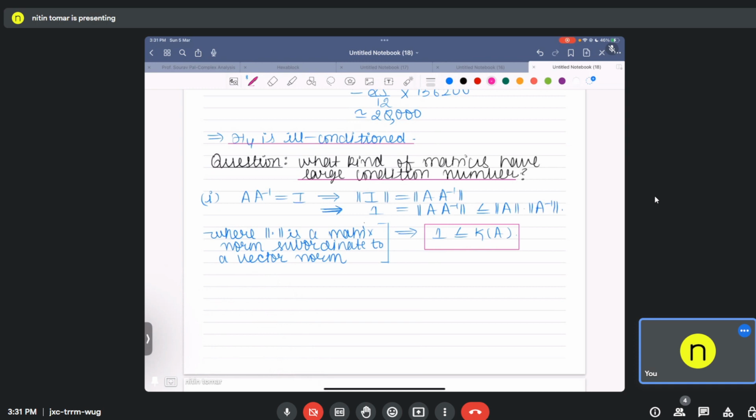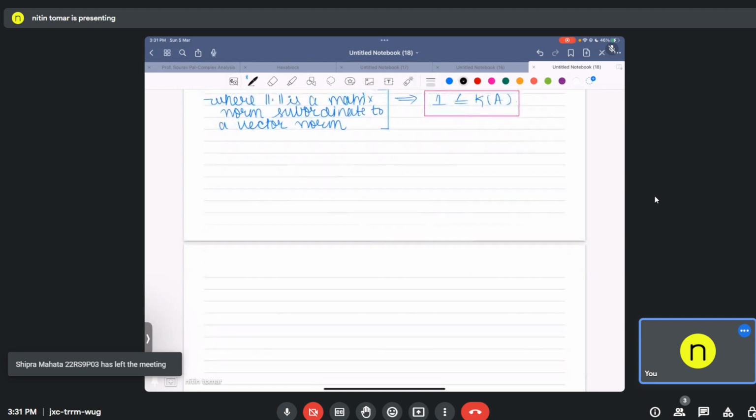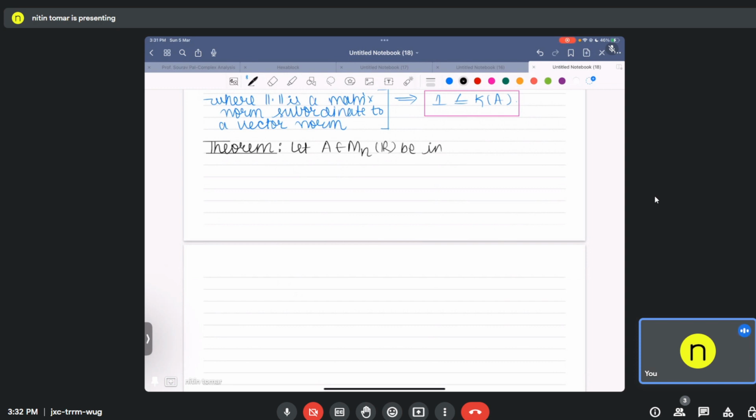Okay, so now we state a theorem which we will prove. Theorem: let A be an n cross n matrix with real entries and it is invertible. Of course, we are learning the concept of condition number for an invertible matrix.